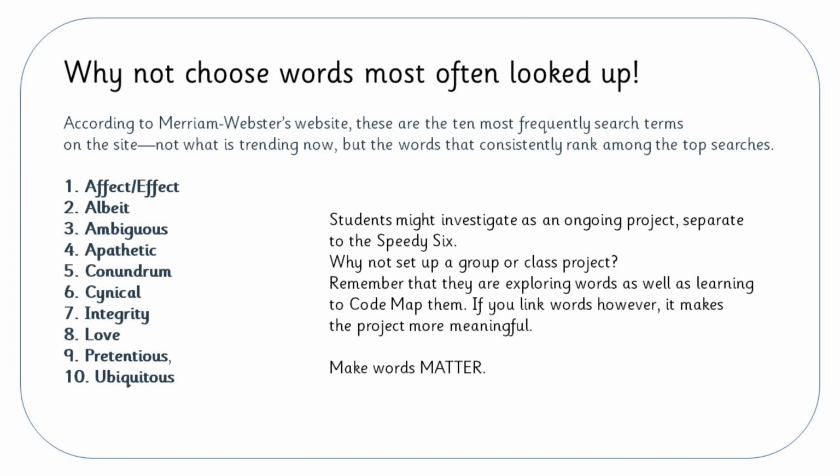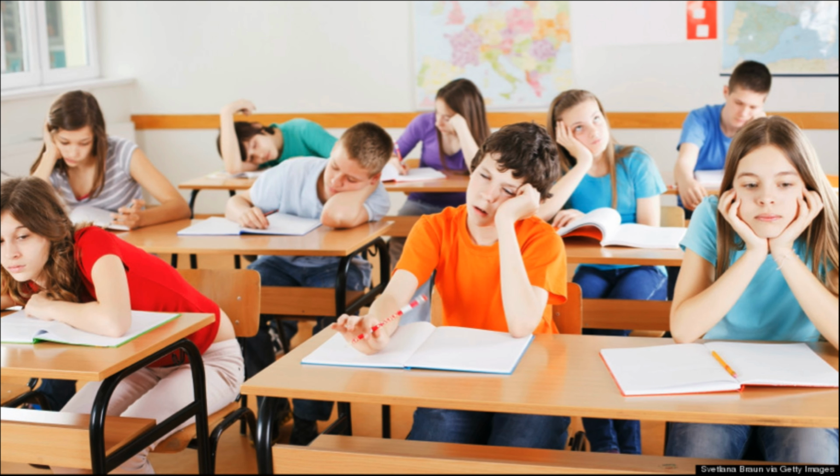Because hopefully by now you've realised that it's not about the words. It is for vocab and what have you, but it's about learning. It's about how to explore words, how to see how words work. I can't tell you the amount of times in my career that I've been sent to work with disengaged students, whole classrooms.